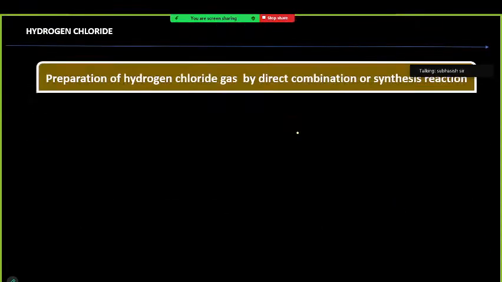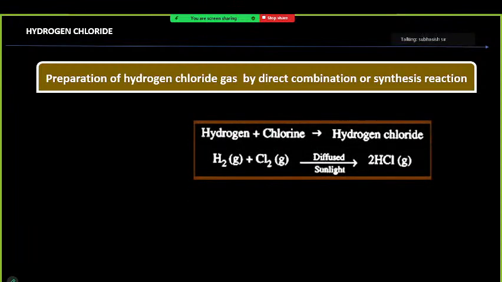Now we move on to the preparative methods of hydrogen chloride. First of all, hydrogen chloride gas is prepared by direct combination, the synthesis reaction. In a synthesis or combination reaction, more than one reactant reacts with the formation of one product. Like hydrogen and chlorine, they react with each other in the presence of diffuse sunlight.